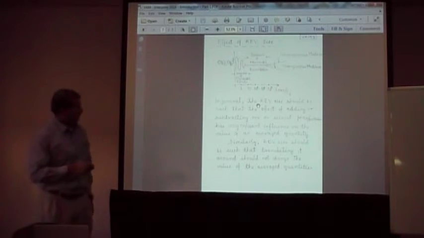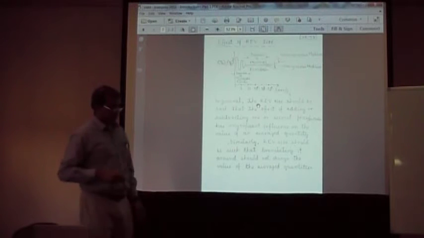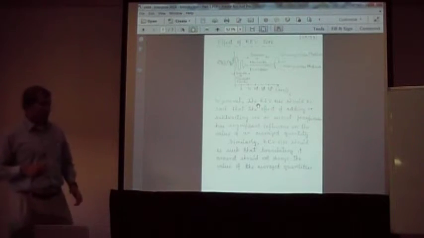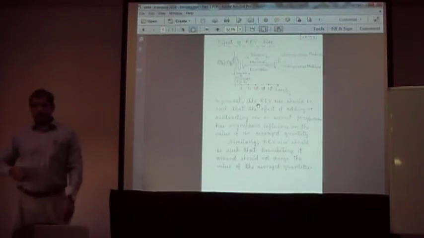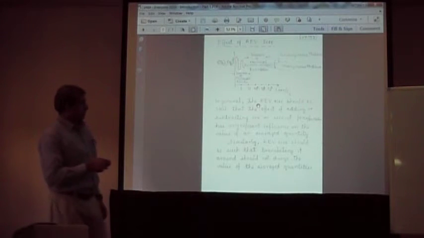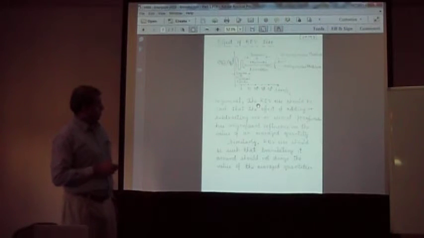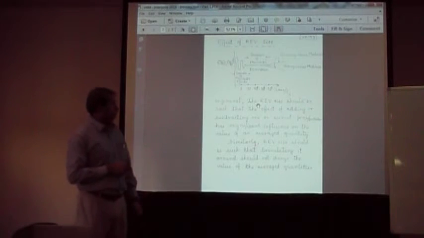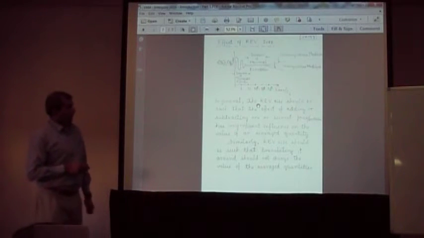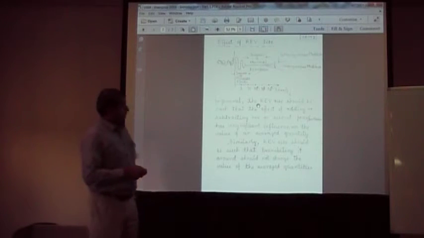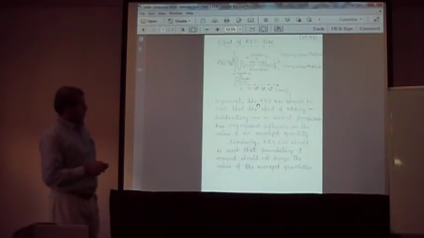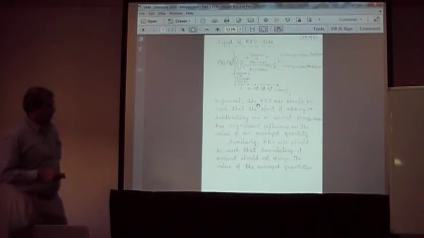So if your REV is very small, you will see a lot of fluctuations in these averaged quantities. But as it becomes bigger and bigger, it reaches some kind of a steady description. The fluctuation region I will call the domain of microscopic effects. And when you reach a steady description, it is the domain of macroscopic description.